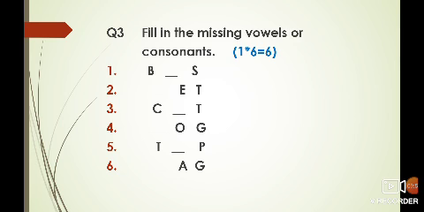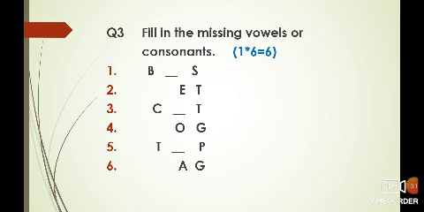Your next question is, fill in the missing vowels or consonant. Wherever blanks are given, you have to write whether vowel or consonant, whatever is appropriate, whatever is the right letter.